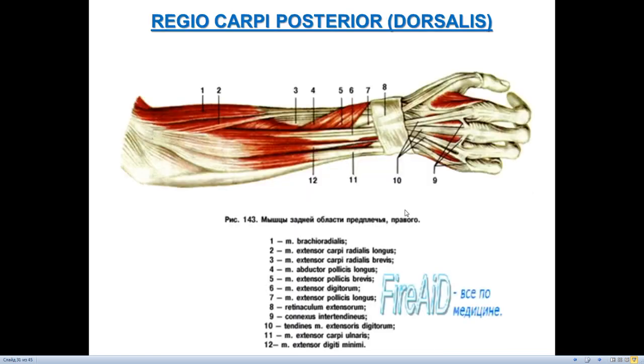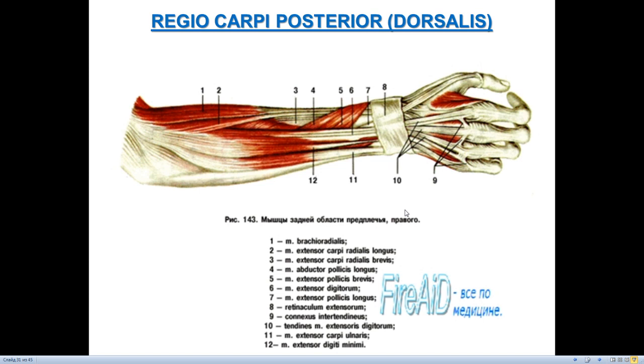On the posterior region we can distinguish 6 canals. First, travel tendons of abductor pollicis longus muscle and extensor pollicis brevis. Second canal, pass tendons of musculus extensor carpi radialis longus and brevis.